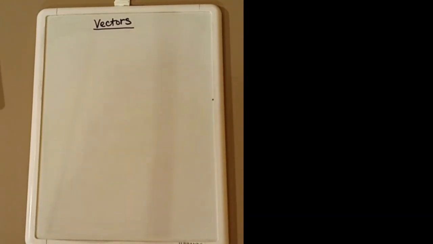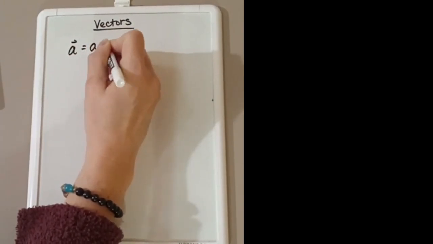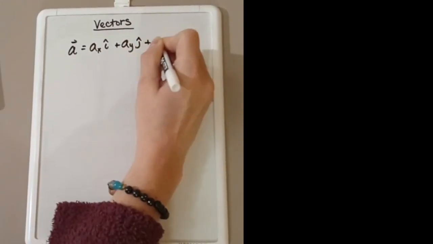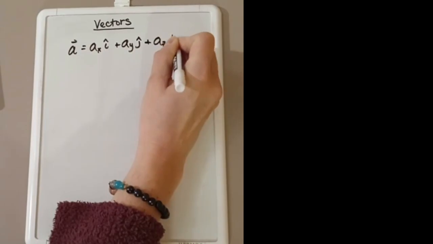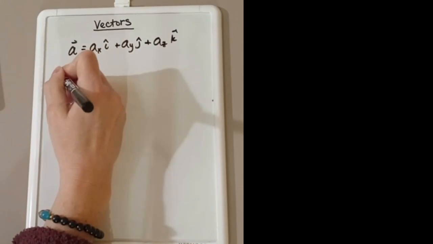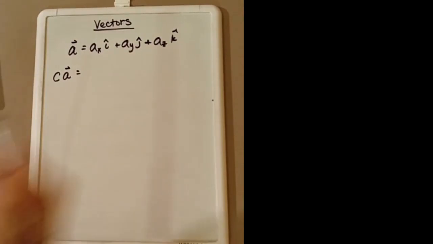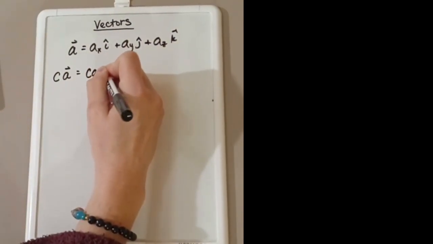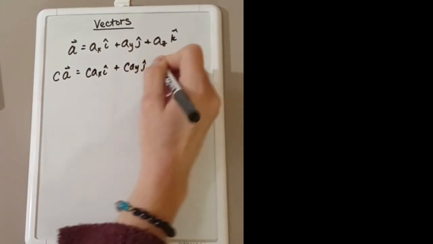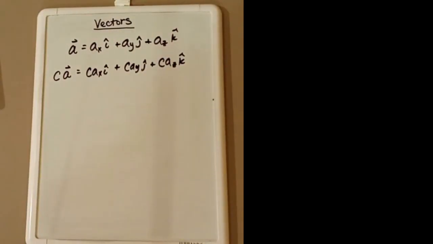If you have your vector A with your components AX, AY, and AZ, and you want to just multiply that vector by some constant C, so C times A, you would just multiply each component by C. So you'd have C times AX, C times AY, and C times AZ. That's fairly straightforward.